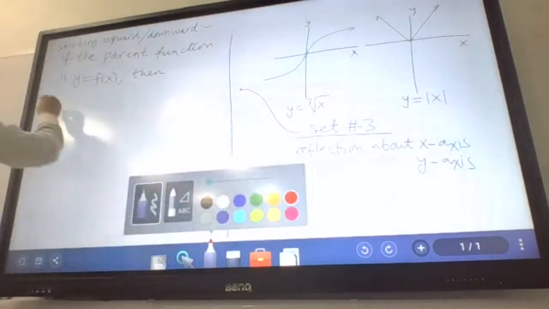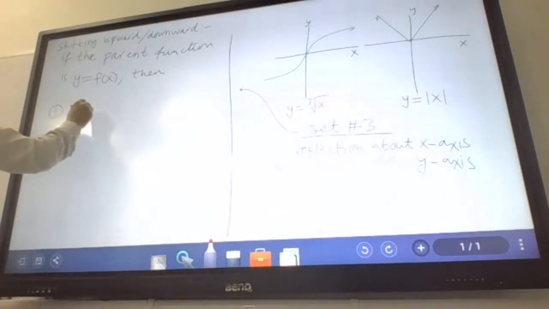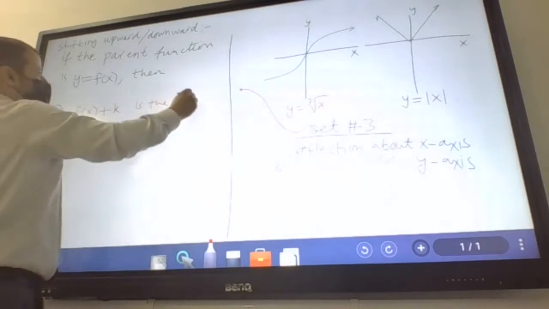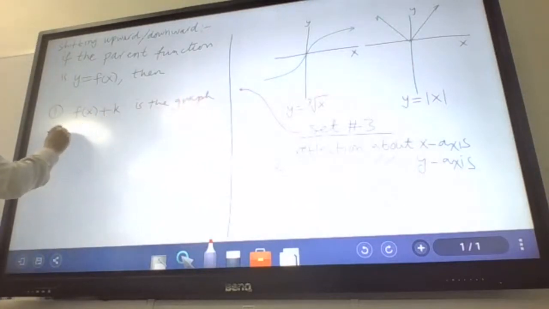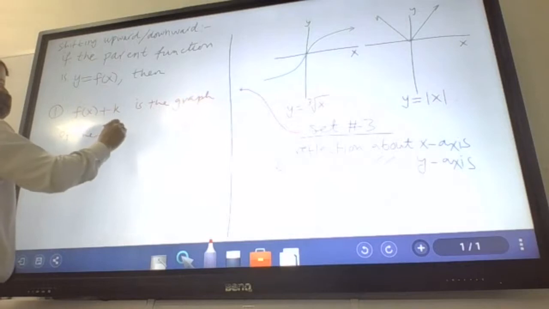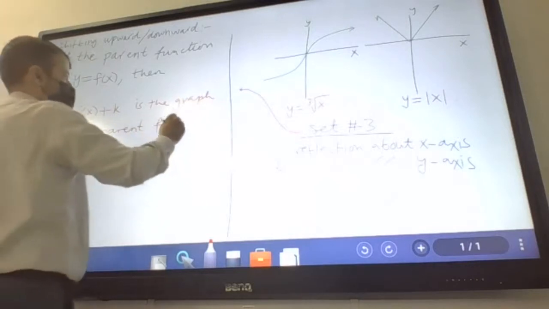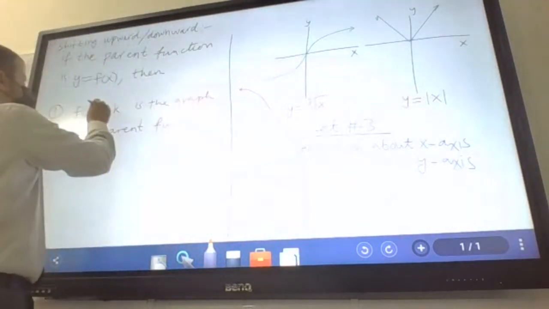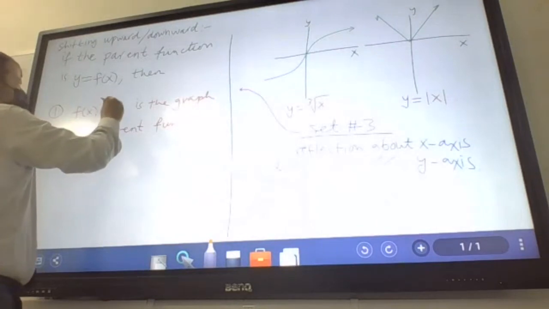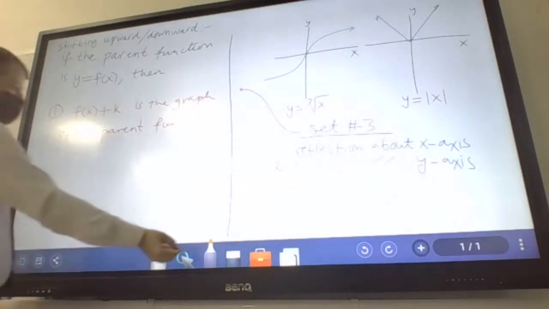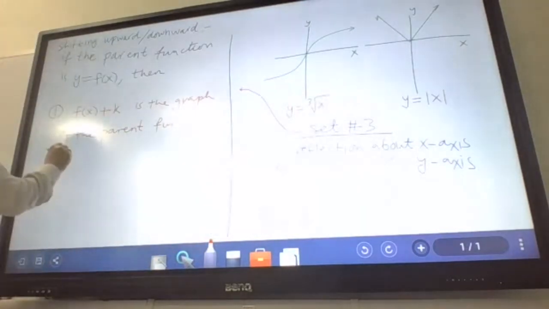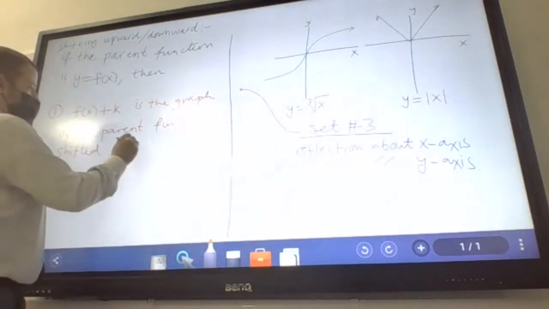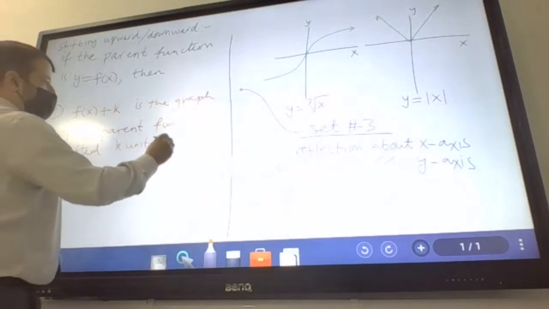Then f of x plus k is the graph of the parent function shifted k units upward.